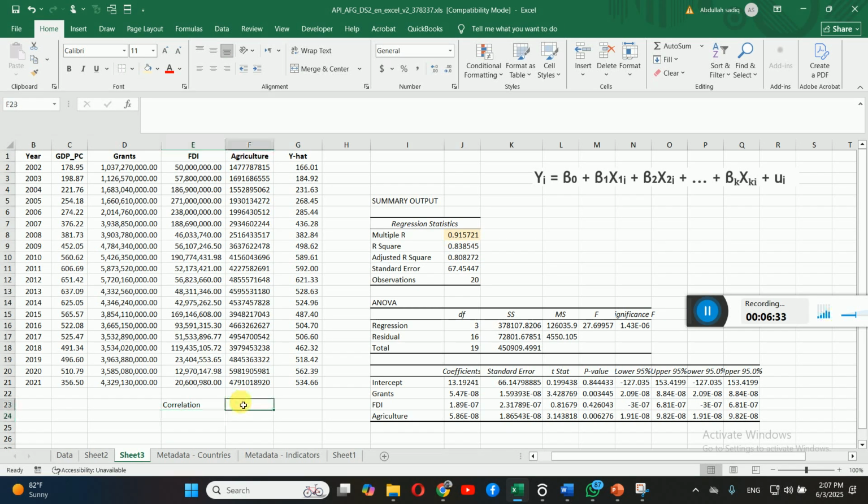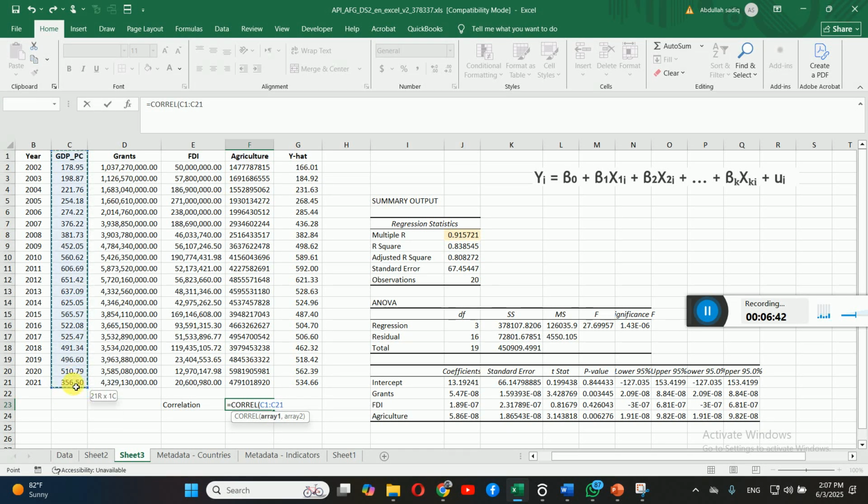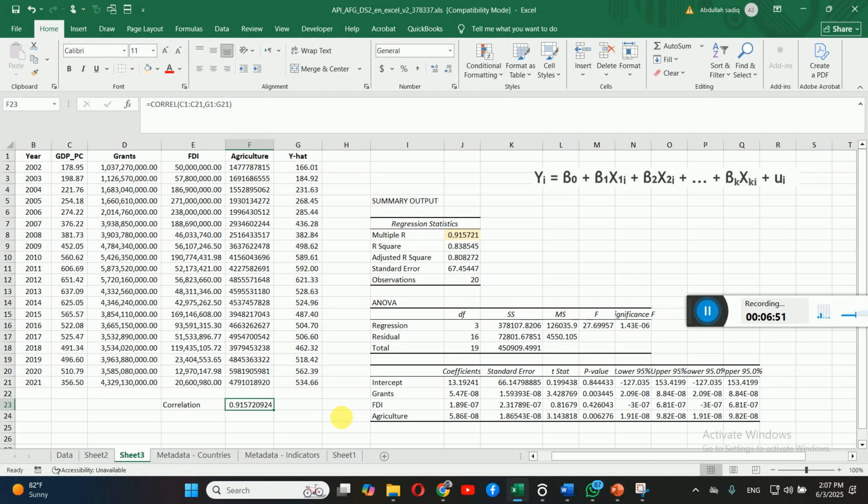So for correlation, after the equal sign, just write CORREL, and then take your first variable, which is the GDP per capita, the actual value, and the second is the predicted value. Simply, this gives me the value of 0.91.